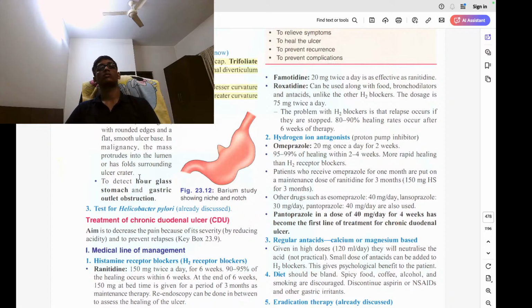So, stomach and gastric outlet obstruction. In order to detect them, you do a barium meal study.